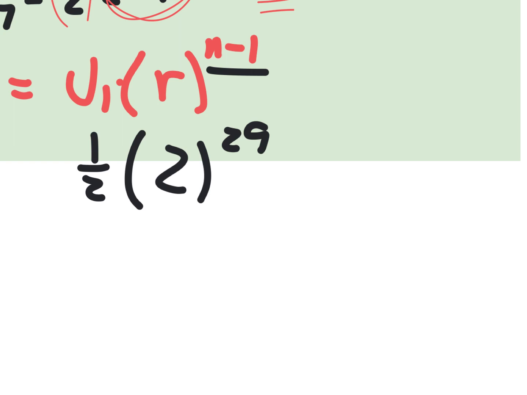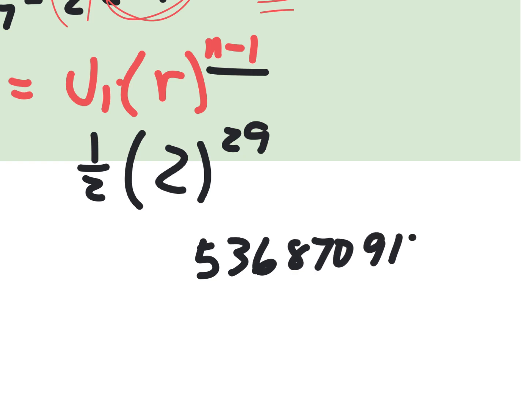All right. Let me see what my calculator says. What is 2 to the 29th power? 536,870,912. Now you guys, your calculator might have failed. I totally understand that. And then I put a half in front of that.